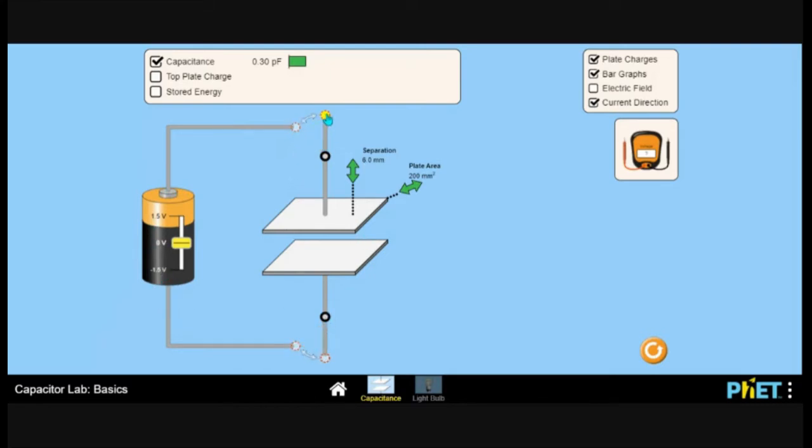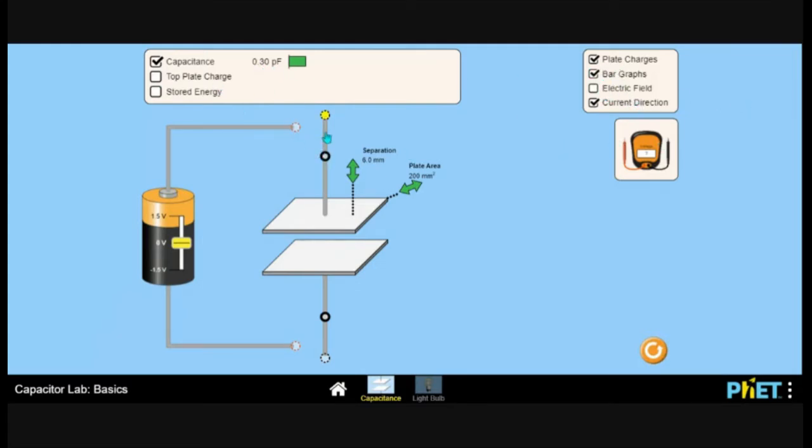In this manner, the two plates are not yet connected to the battery. Now, the total capacitance of these two is equal to 0.3 picofarads. Okay?